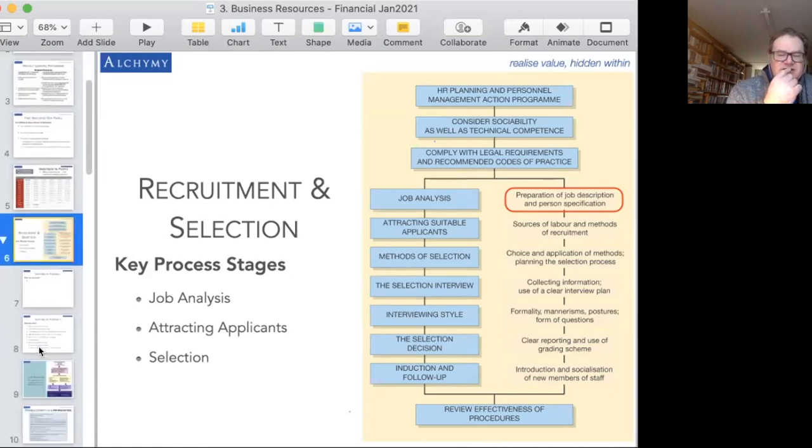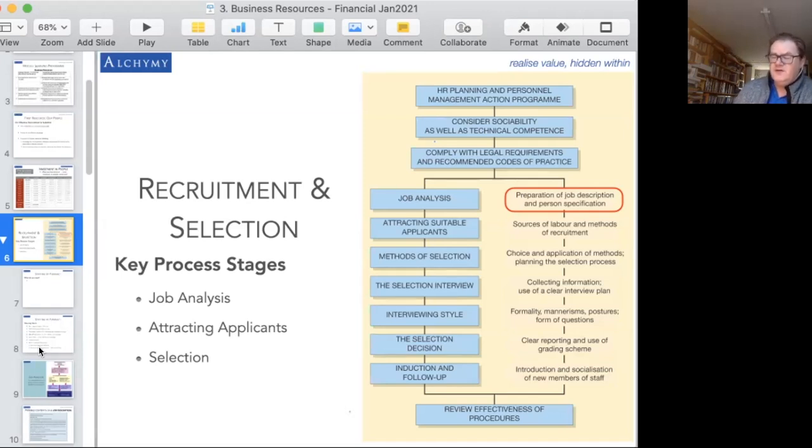We need to do this within some sort of framework. We need to consider what we want and why, and make decisions to make sure that we get what we want. There's no point in us hiring a brain surgeon if what we really need is a car mechanic.